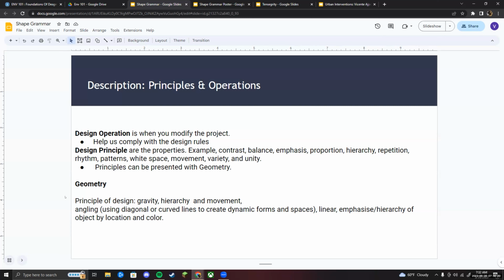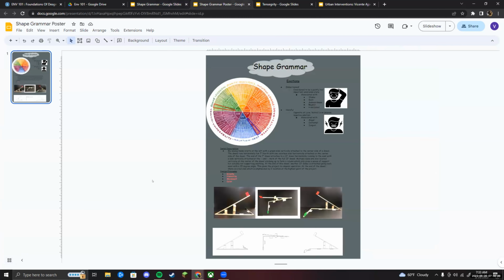My project had principles of gravity, hierarchy, and movement, also angling, linear, emphasis, hierarchy of the object. And then this right here is my poster.